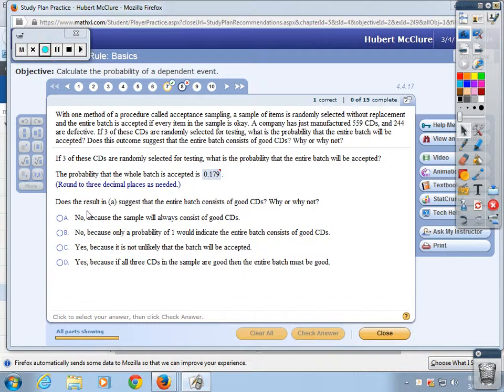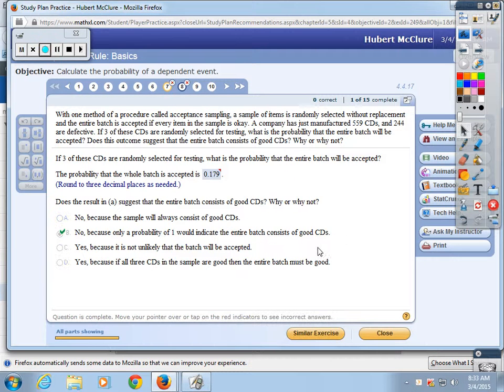So it says, does the result in A suggest that the entire batch is good? No. That would be my answer right there, because that would be the only way that you would know that the CDs are good, is you get a probability of 1.